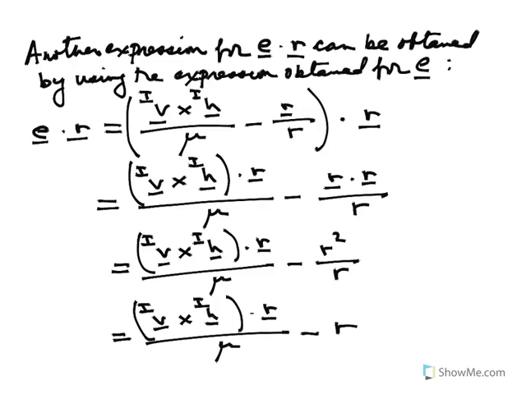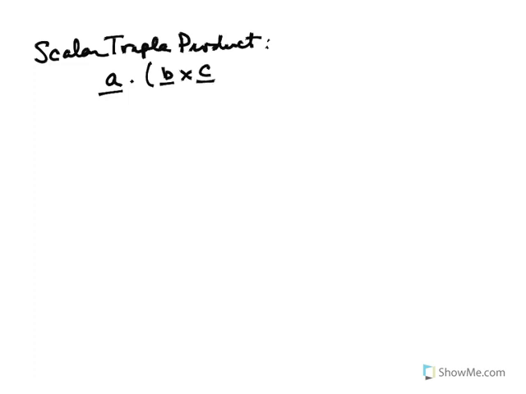So now let's look at this first term, which has a scalar triple product. The scalar triple product has the form A dotted with B cross C. But that actually turns out to be equal to C dotted with A cross B. That's one of the identities.